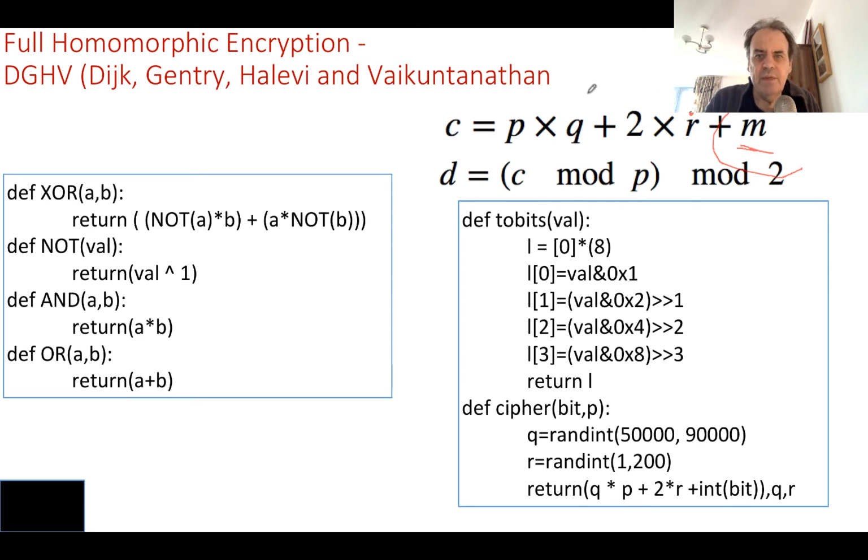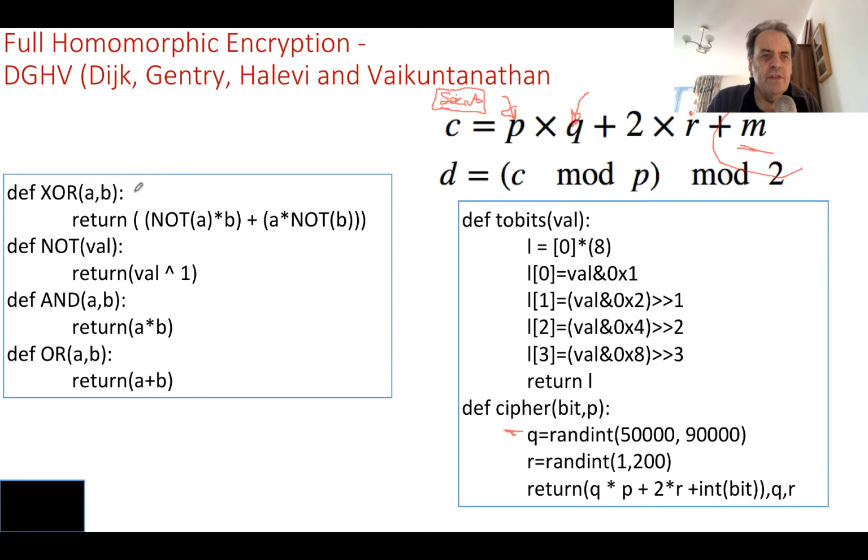After that, we create our Q value, which is a random number, and it's randomized for every bit that we're going to cipher. Then we have our secret key, which is P. This becomes our secret, and P needs to be an odd number.